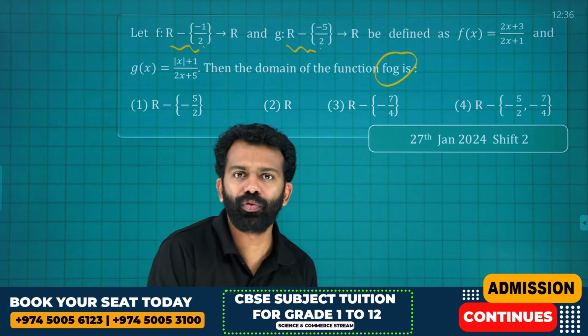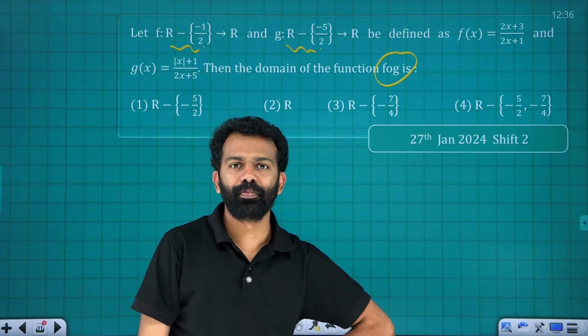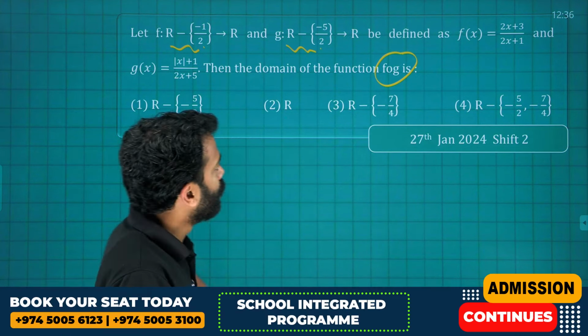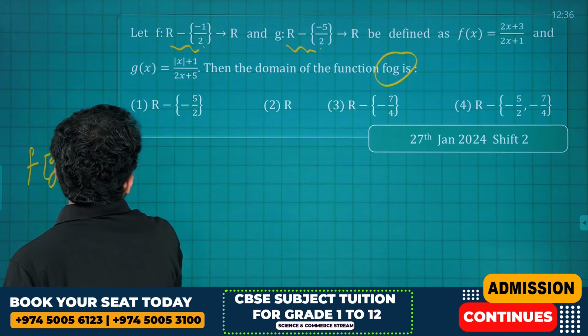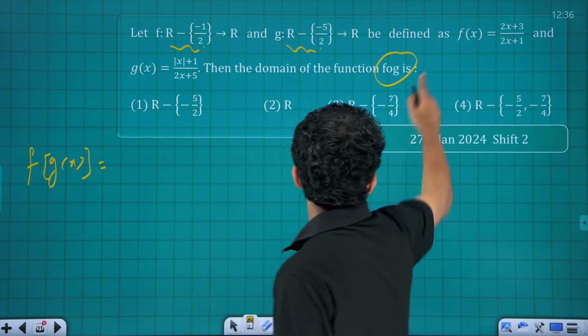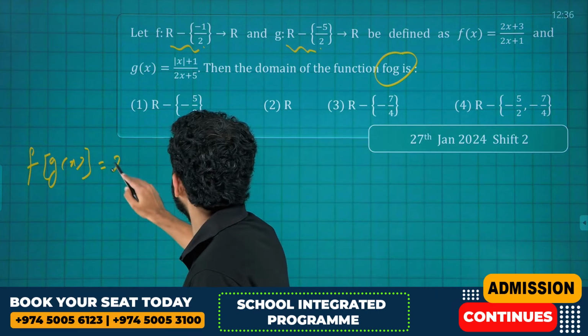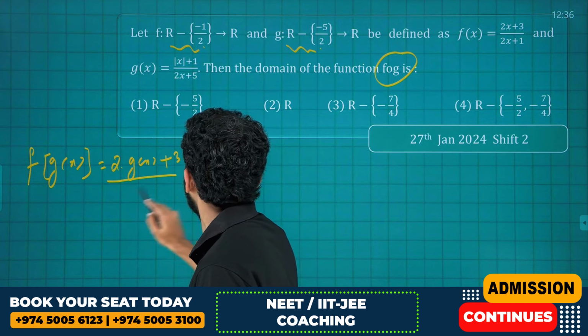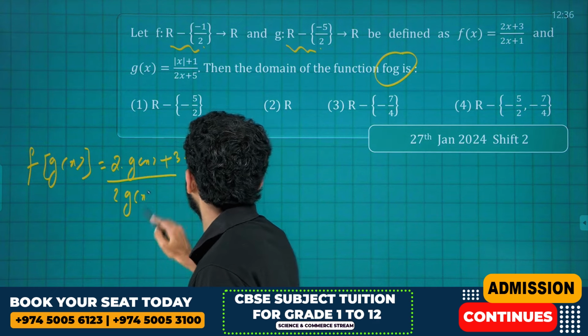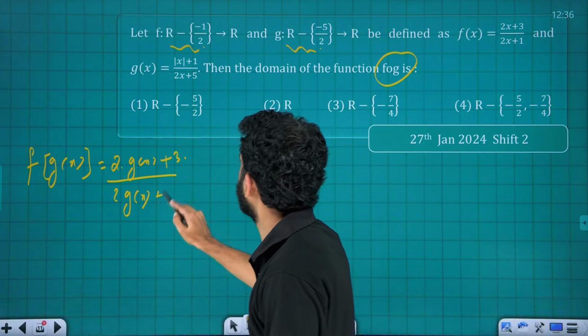So how are you going to find the domain of the function f of g? It's easy actually. What is f of g? That is f of g of x. f of g of x is 2 into g of x plus 3 divided by 2 into g of x plus 1. So what is g of x?